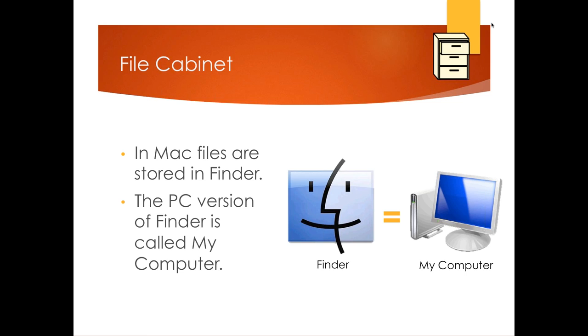And that's basically the Macintosh equivalent to the PC My Computer. I believe it's now just called Computer in the most recent version, but it's a very similar function. We're going to get into Finder a little bit more later. But it's a really important place to go because that's where all of your files are kept. And we'll talk about navigating that a little bit later on.